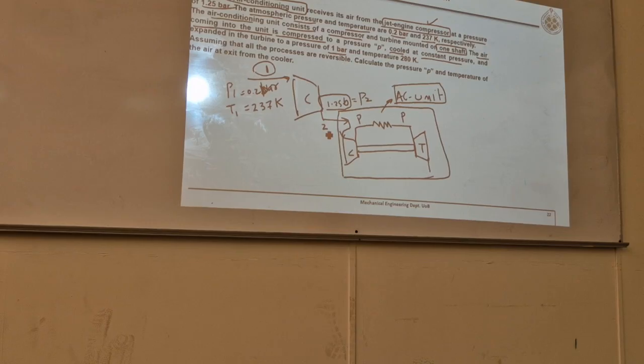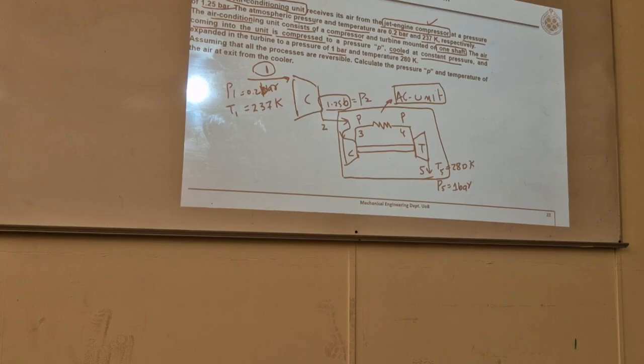So here let's number it: 2, 3, 4, 5. Now what is written? And expanded in the turbine to a pressure of 1 bar and temperature 280 Kelvin. So what is this 1 bar and 280? T5 and P5. Okay.